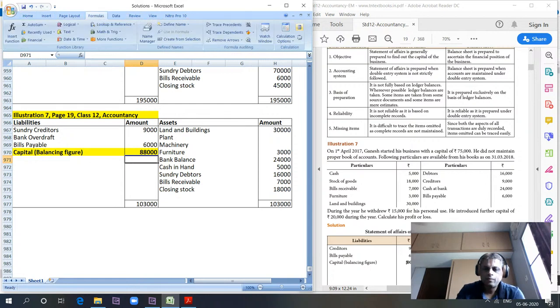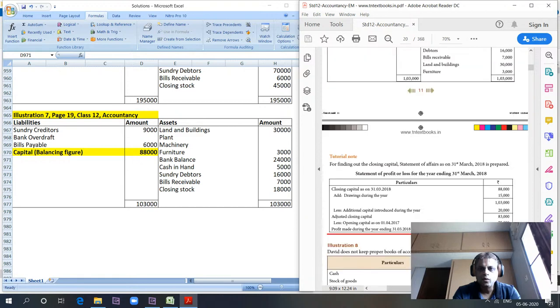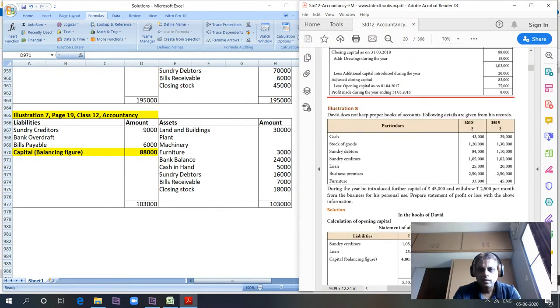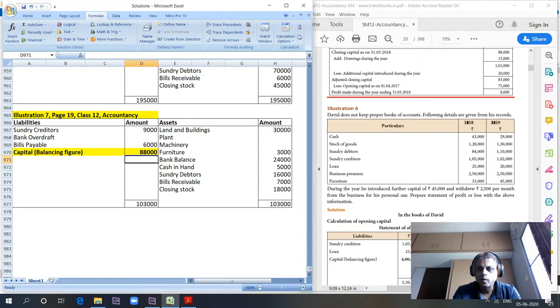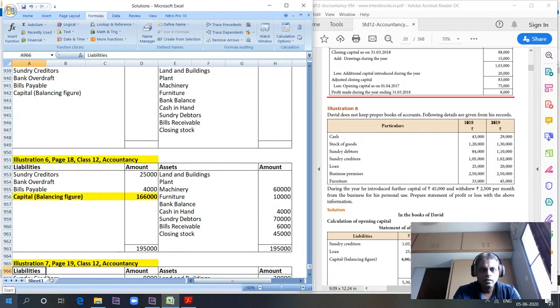Let's get into one more interesting one as we progress. Illustration 8. David does not keep proper books of accounts. The following details are given from his records. I'm copying the format here.